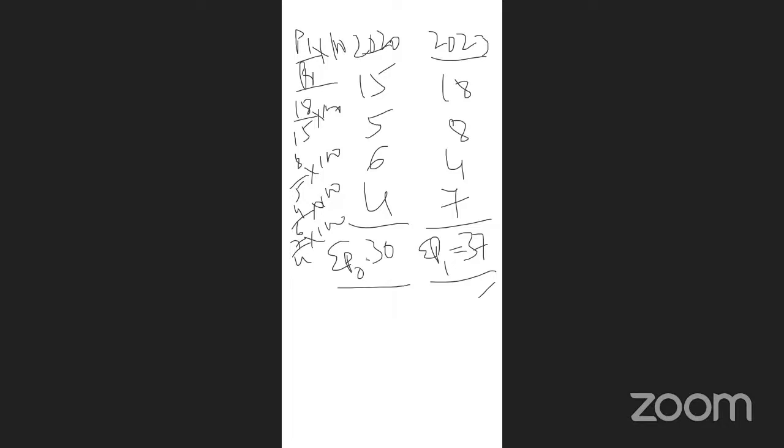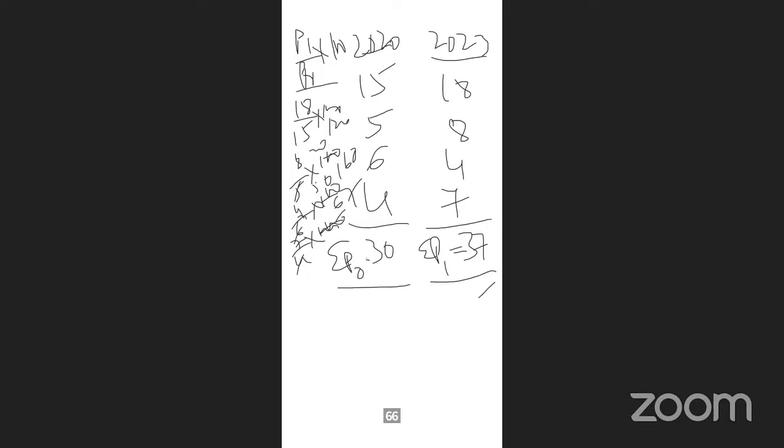Ma'am, 18 by 15 into 100 is equal to 120. Next, this is 20, that is 160. 200 divided by 3. 4 divided by 6 into 100 is equal to 66.6.